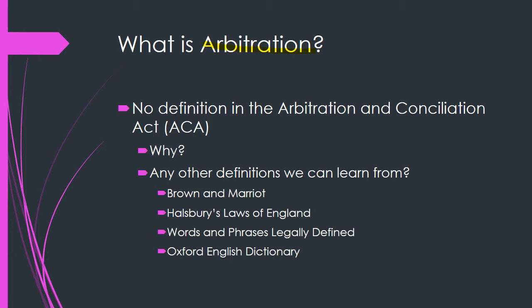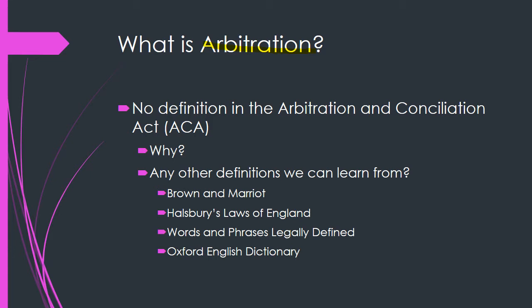Funny enough, the ACA does not define arbitration. There's no definition in the ACA for arbitration. So the question that comes to mind is why? Why is the ACA silent on arbitration? Was it an oversight on the part of the drafters, or is there something they had in mind by not putting the definition? We will answer that towards the end of this lesson.